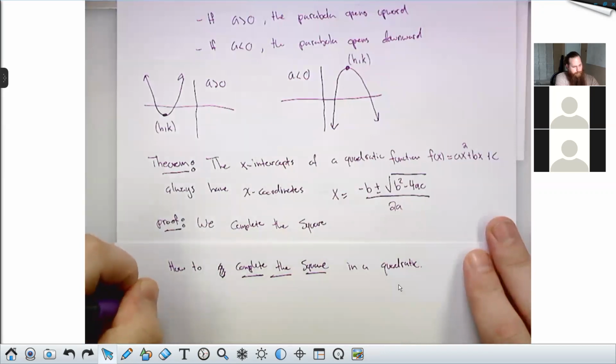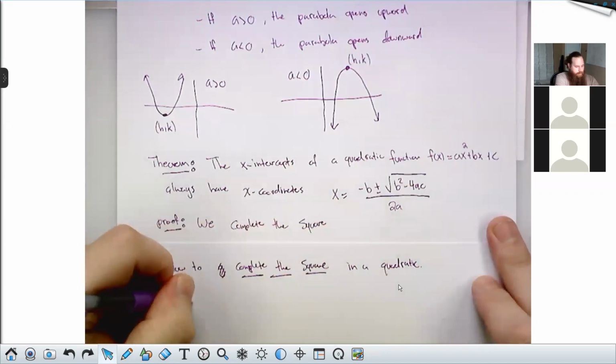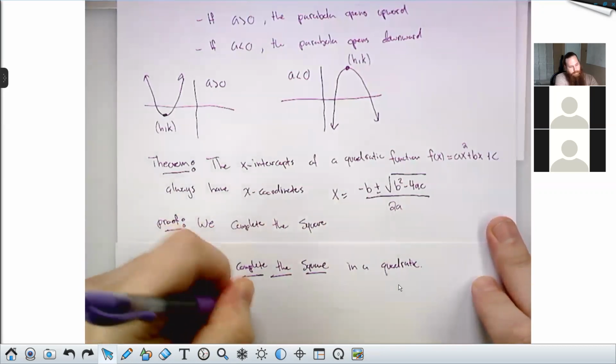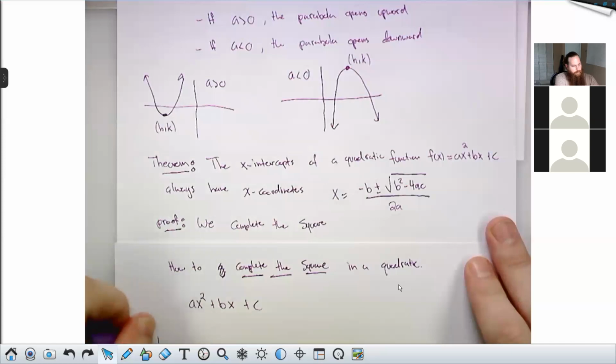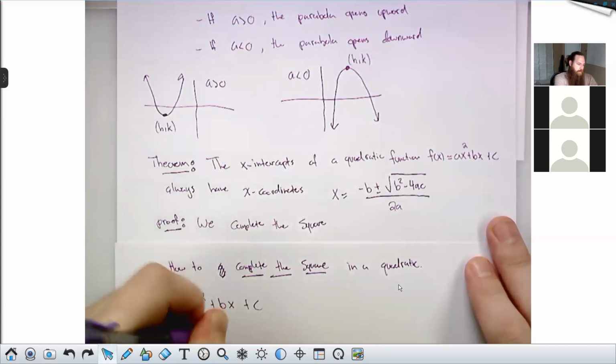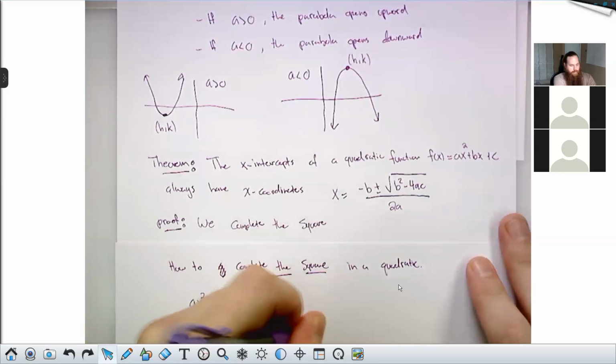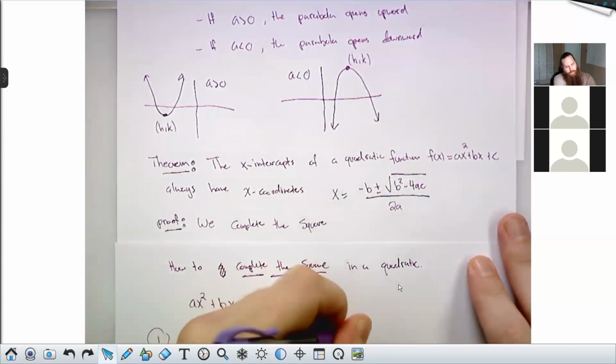So the quadratic is ax squared plus bx plus c. First, what you do is you make the coefficient of x squared equal to 1.